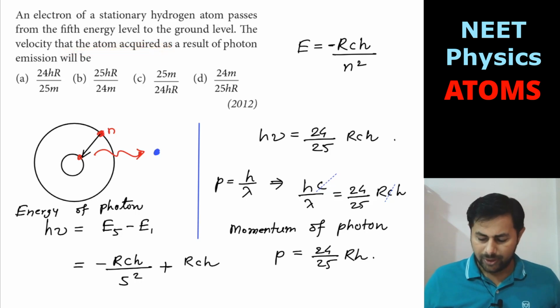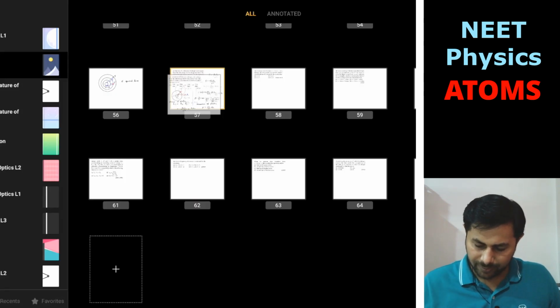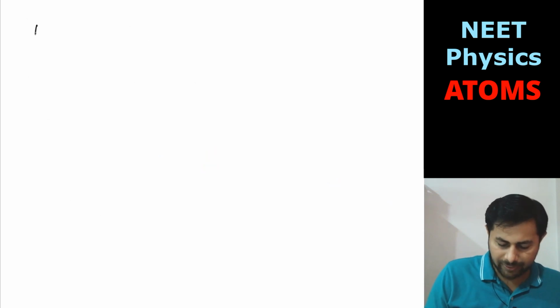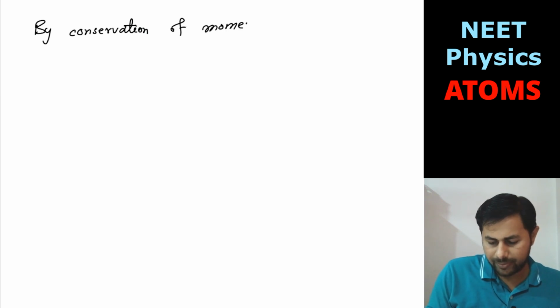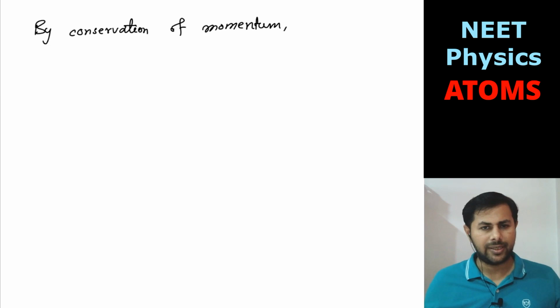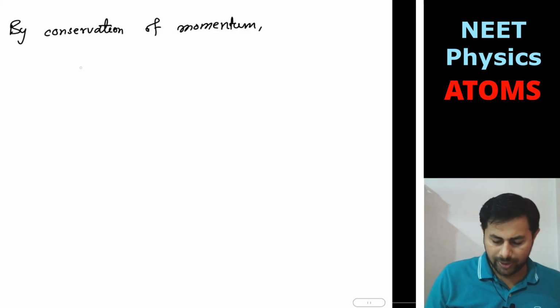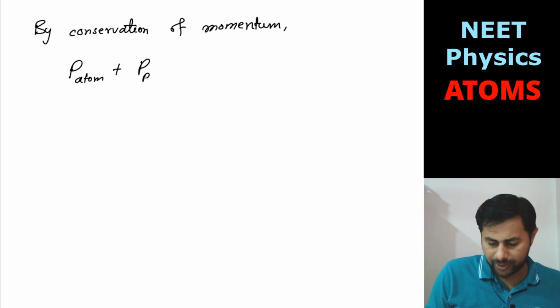By the law of conservation of momentum, the momentum of the atom plus the momentum of the photon is equal to 0.